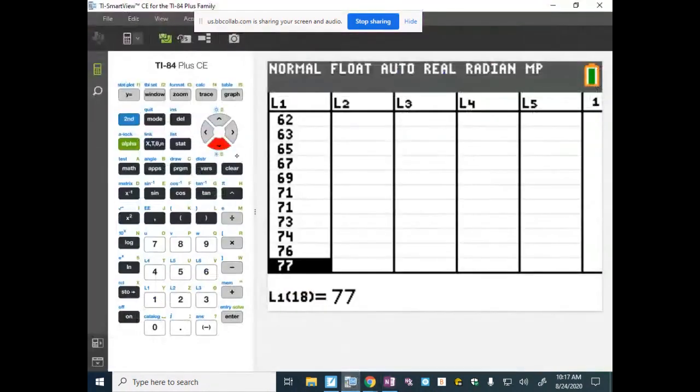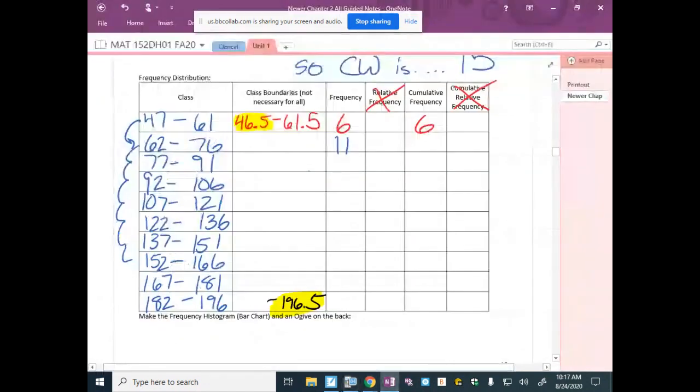Let's see, 77 to 91: 1, 2, 3, 4, 5, 6, 7, 8, 9, 10, 11, 12, 13 of those.